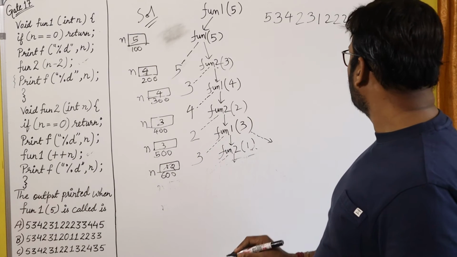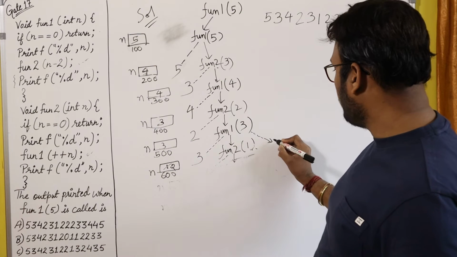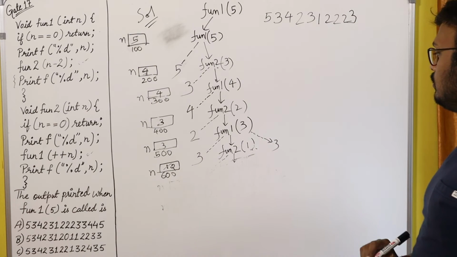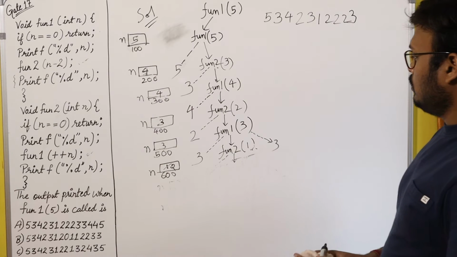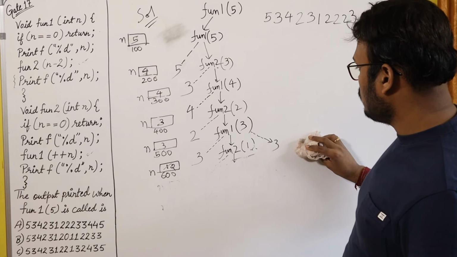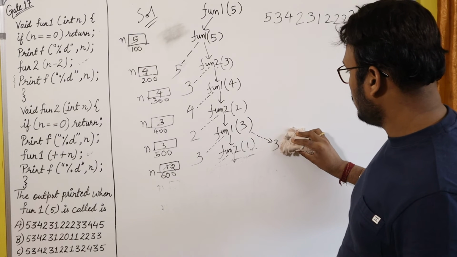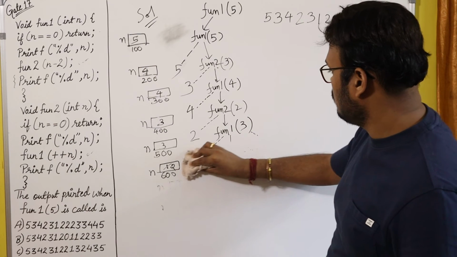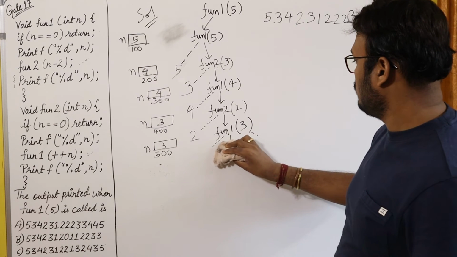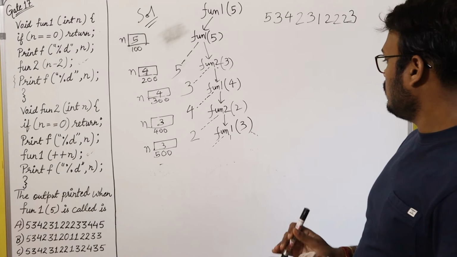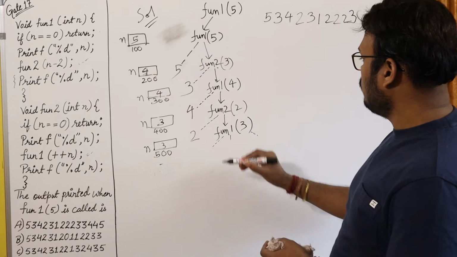So here 3 will be printed. Let me write here 3. So now this is completely over. Let me rub this. So now this fun1 is over.